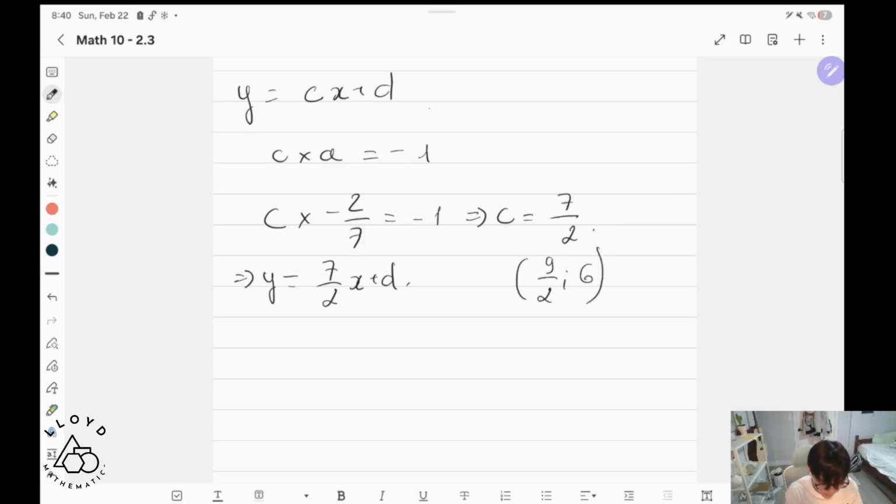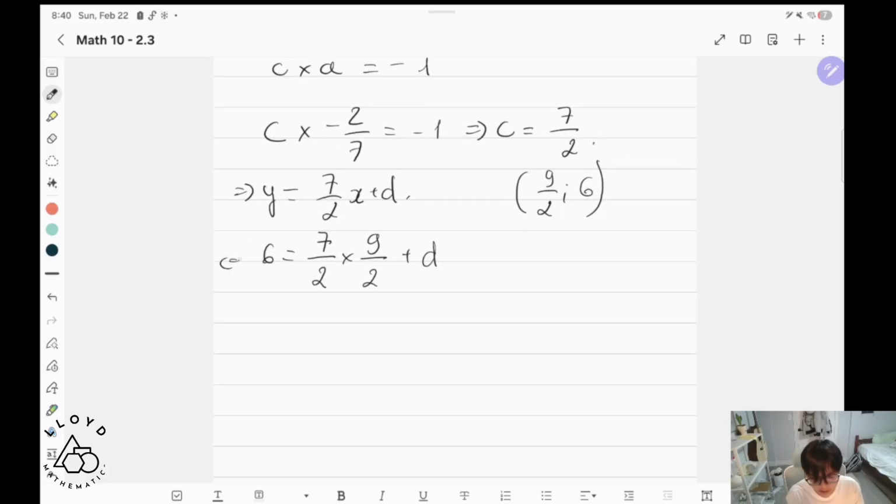So I just put the numbers in. 6 equals 7 over 2 multiplied by 9 over 2 plus d. So d needs to satisfy this equation. Therefore, 6 equals 63 over 4 plus d. Because we already have the denominator 4, we change everything to 4.